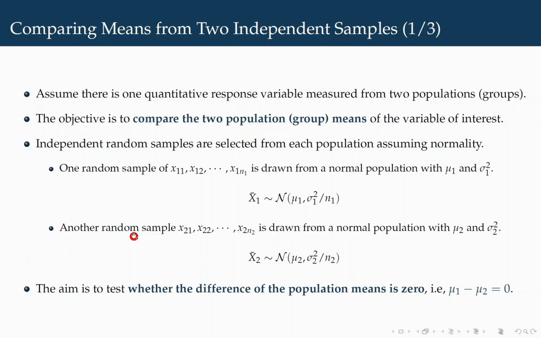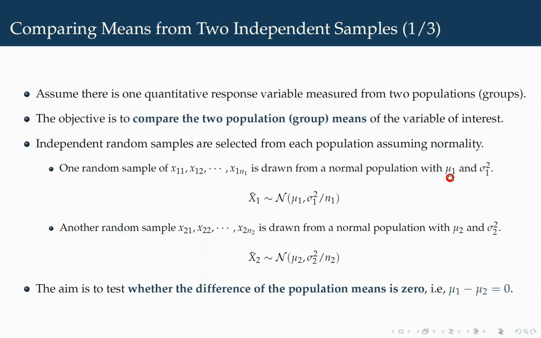Similarly, for the second group or population, another random sample x21, x22, ..., x2n2 could be drawn from another normal distribution with mean mu2 and variance sigma 2 square. Here n1 is the number of observations included in the sample of the first group, and n2 is the number of observations included in the sample of the second group.